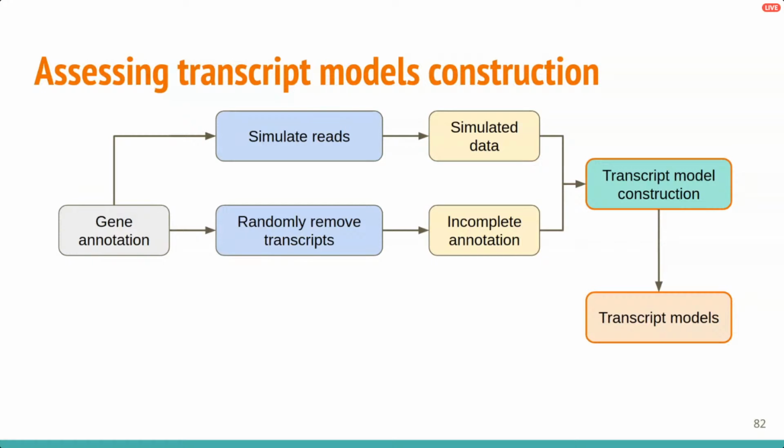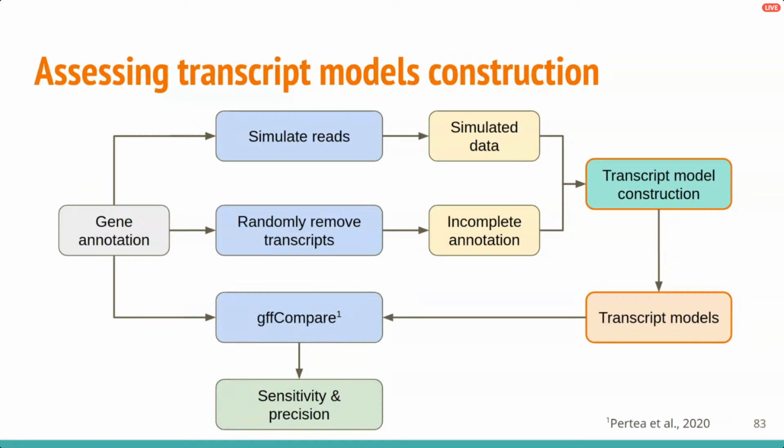So we simulated reads from the entire transcriptome, then we removed randomly about 5% of spliced isoforms from our annotation and gave those tools incomplete annotation. So from the tools' point of view, you have some novel isoforms in your reads which are not present in your database. And then we compared what tools output.